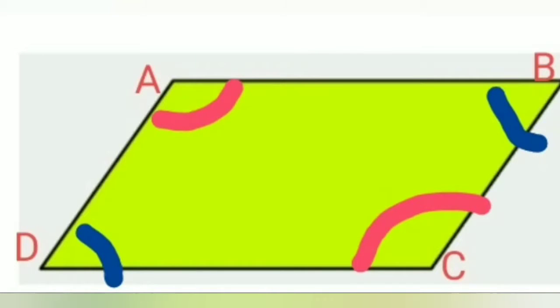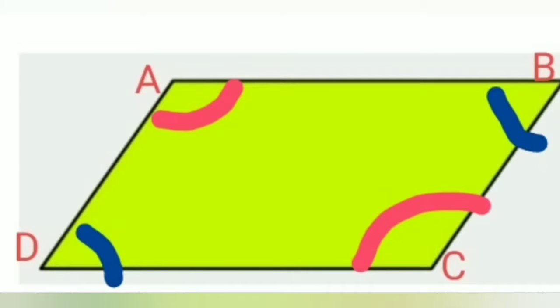Now see this figure. Here angle A and angle C both are opposite angles, same as angle B and angle D are opposite angles. And AB and BC are adjacent sides.